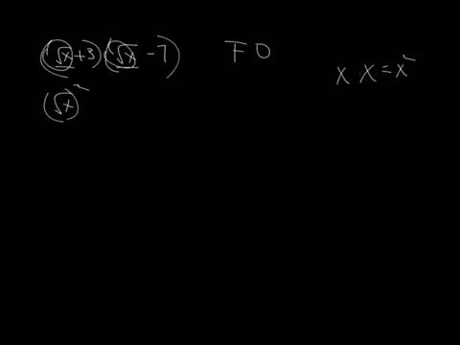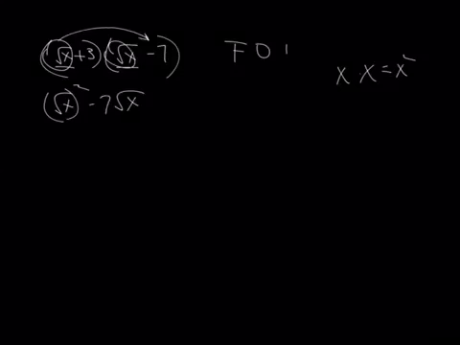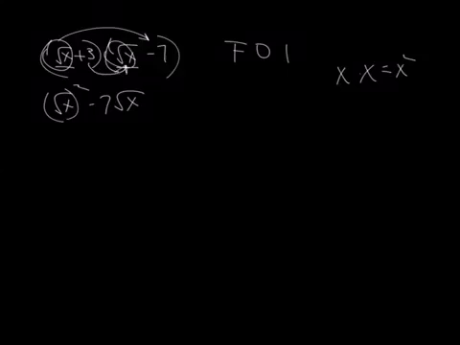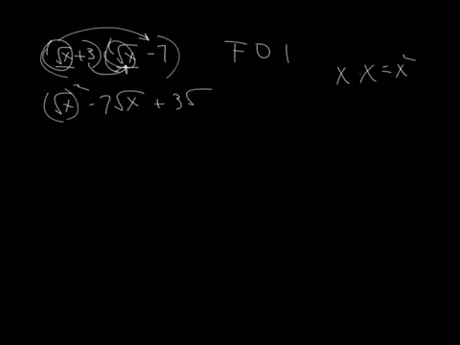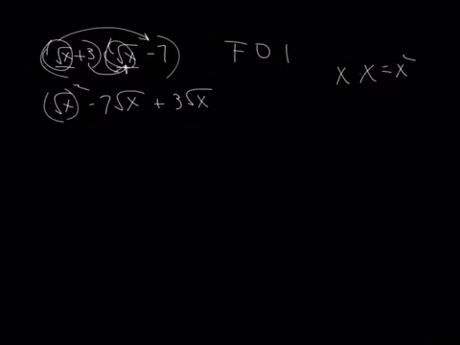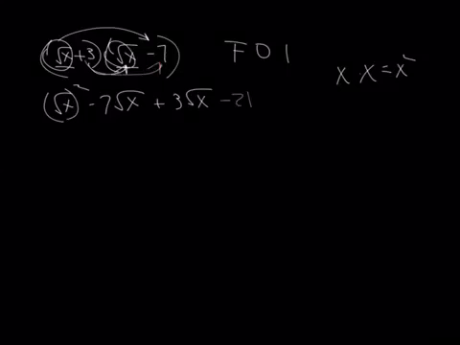And outside, this times this, negative 7 square root of x. Inside would be this, plus 3 square root of x. Whoops, that's not an x. And then last is 3 times negative 7.